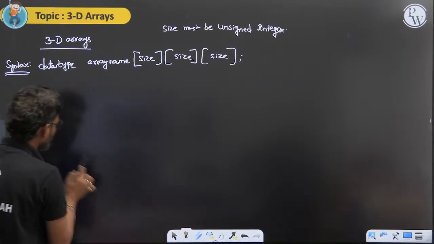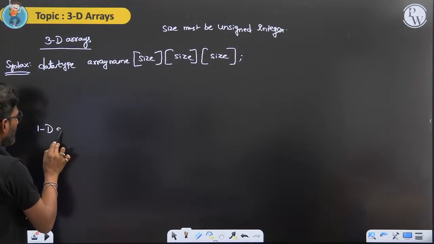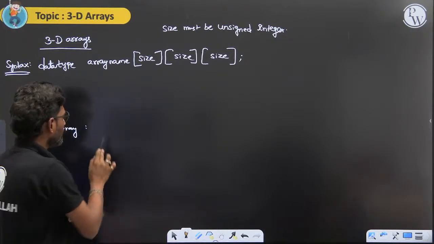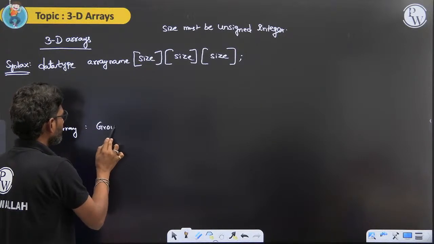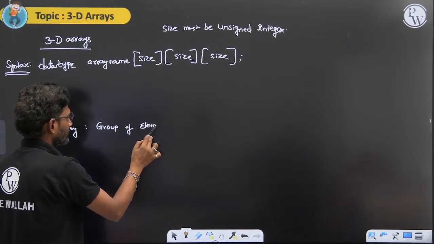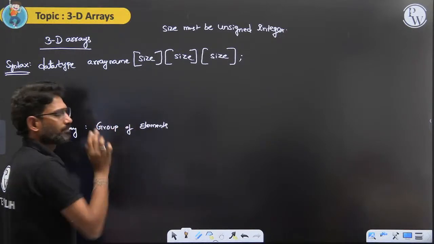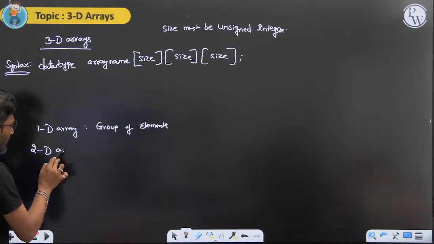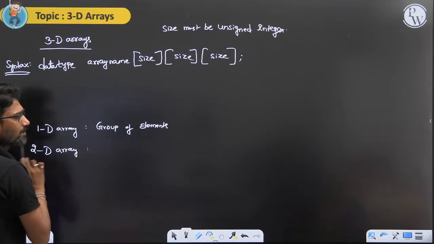If I write a 1-dimensional array, what is it? Group of elements, of course similar elements. If I say 2-dimensional array, what is it?